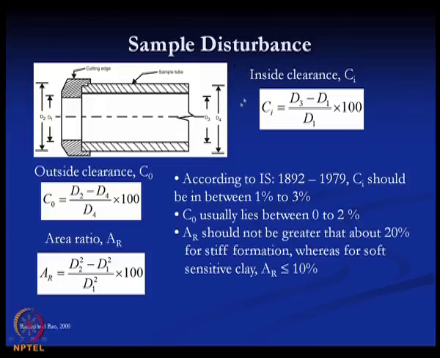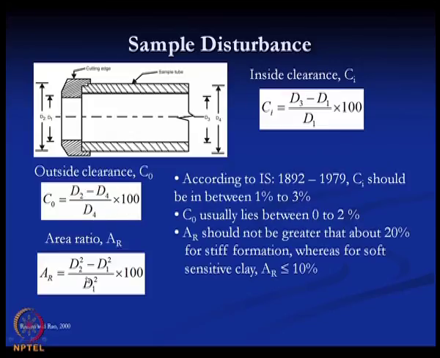Here is a typical sampler tube figure. D1 is the inner diameter of the cutting edge, D2 is the outer diameter of the cutting edge, D3 is the inner diameter of the sampler tube, and D4 is the outer diameter of the sampler tube. The inside clearance Ci we can calculate as (D3 minus D1) divided by D1, into 100 percent. The outside clearance C0 we can determine as (D2 minus D4) divided by D4.